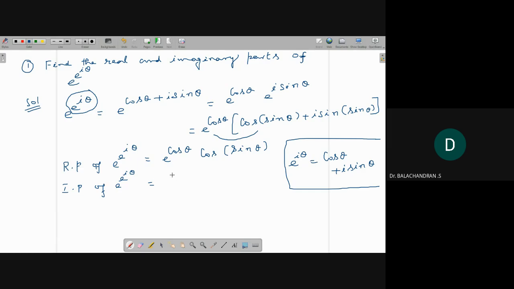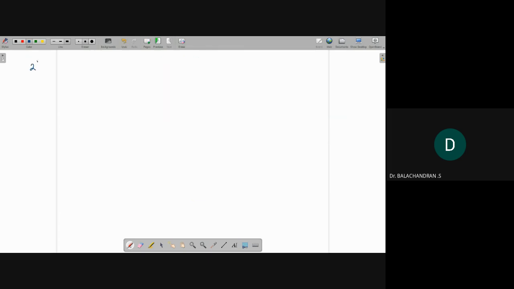So the imaginary part is e power cos theta into sine of sin theta. So this is the final answer. Now, second problem.